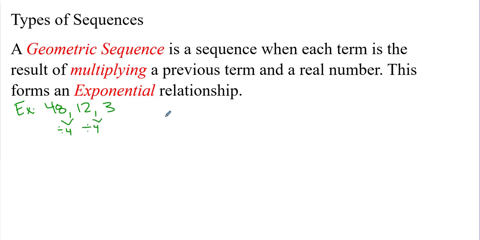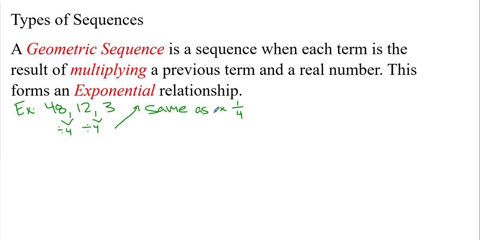Okay. So is this going to be a geometric sequence? Well, the last one ended up being, even though it seemed kind of tricky, same thing here. Yes, it is, because dividing by 4 is the same as multiplying by its reciprocal, 1 over 4.